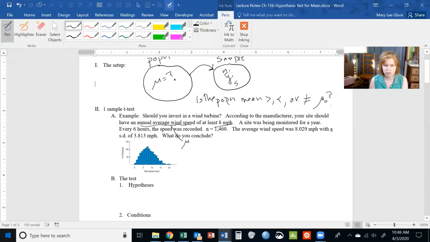This is the underlying mean for your site. Here's my site. On average, what's the wind speed there? What I need is for mu to be over 8 in order to be worth investing in a wind turbine.